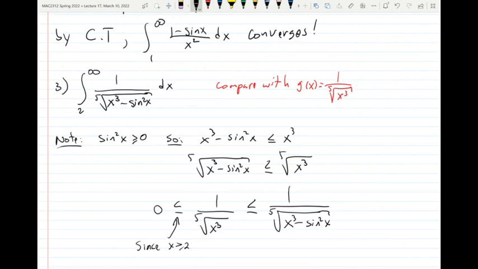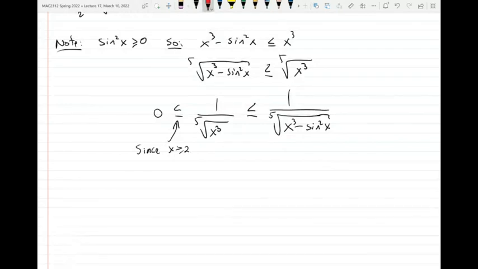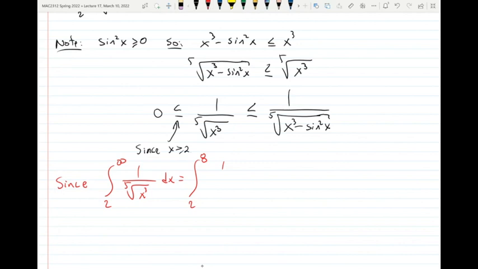Now, because this guy, we know it's a p integral with p less than 1, it diverges, so the other guy diverges. Good. Since the integral from 2 to infinity of 1 over the fifth root of x cubed, which equals 1 over x to the 3 over 5, is a p integral of type 1 with p equals 3 over 5, which is less than 1, this diverges.